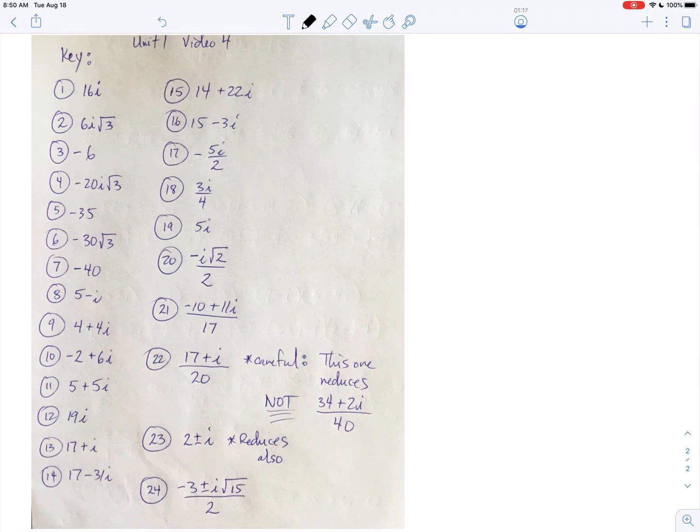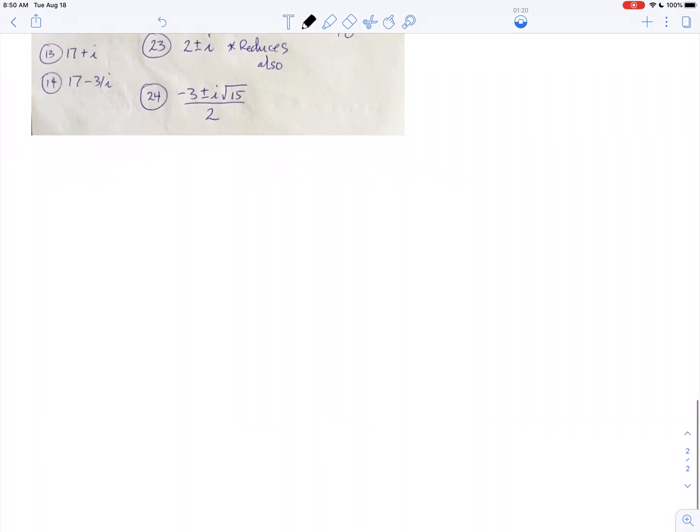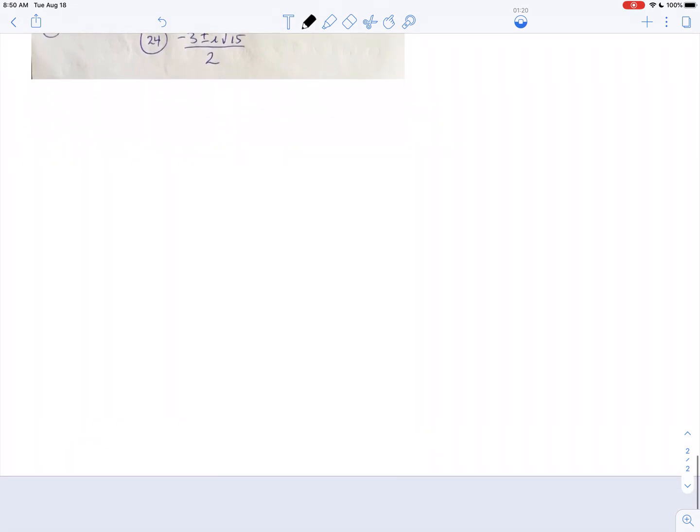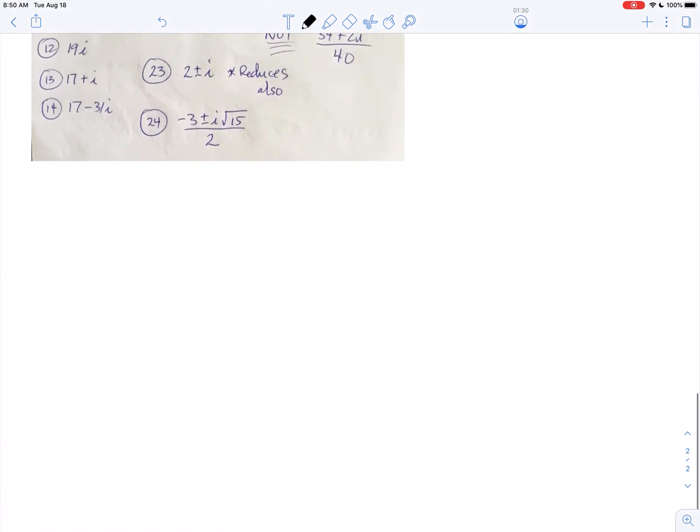But here we go. We're going to talk about something called the number i. Now, what I want to do is start with where we're going to see the most of this, like question 23 and 24 on this assignment, where I give you something like x squared minus 2x plus 6 equals 0, right?